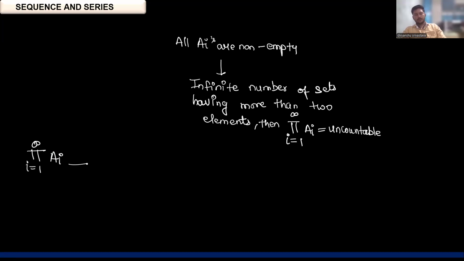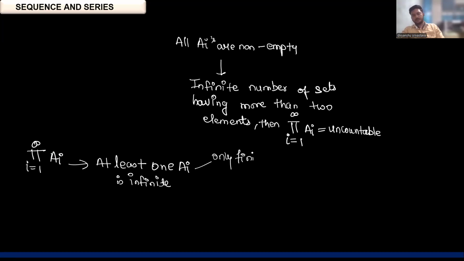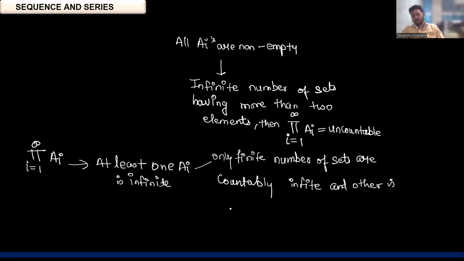If at least one Ai is infinite, then only a finite number of sets are countably infinite, and the others are finite sets.